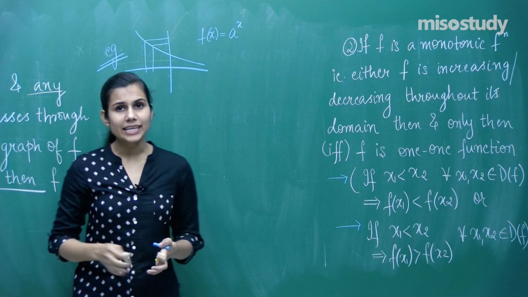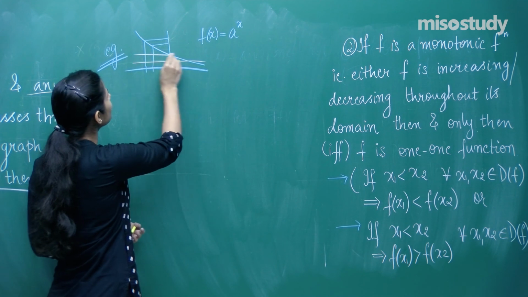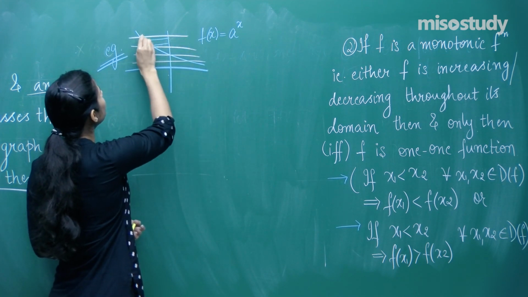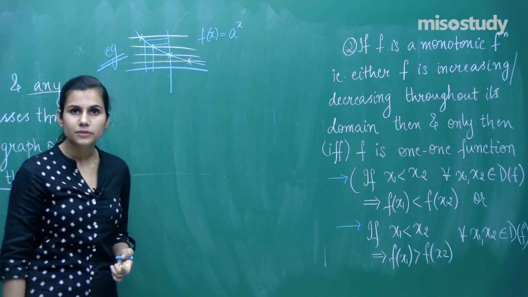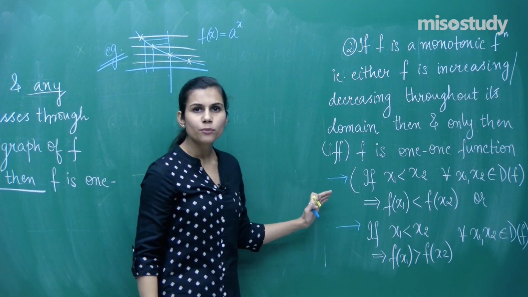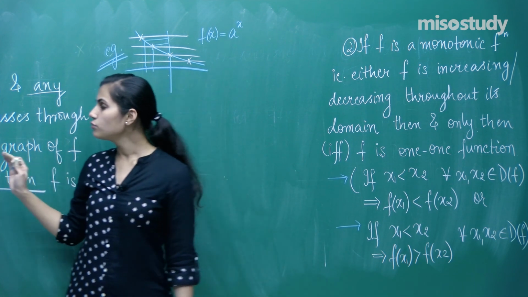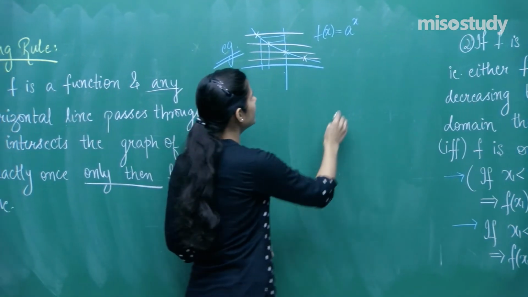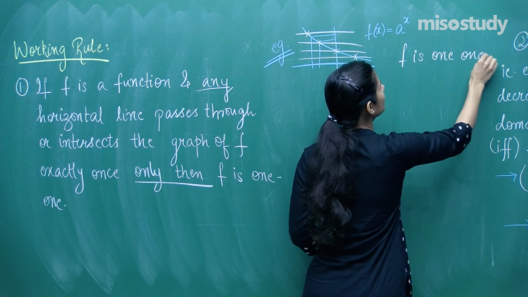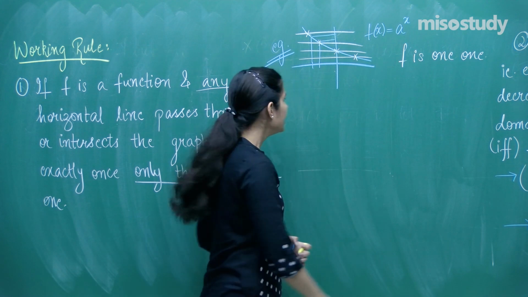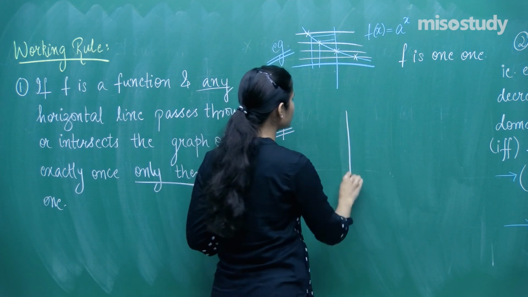In fact, if you apply test number 1 over here, you make any horizontal line pass through the function, it will be intersecting the graph at exactly one point. So either you use the test of f being monotonic throughout, or you use the horizontal line test, you have that f is a 1-1 function.